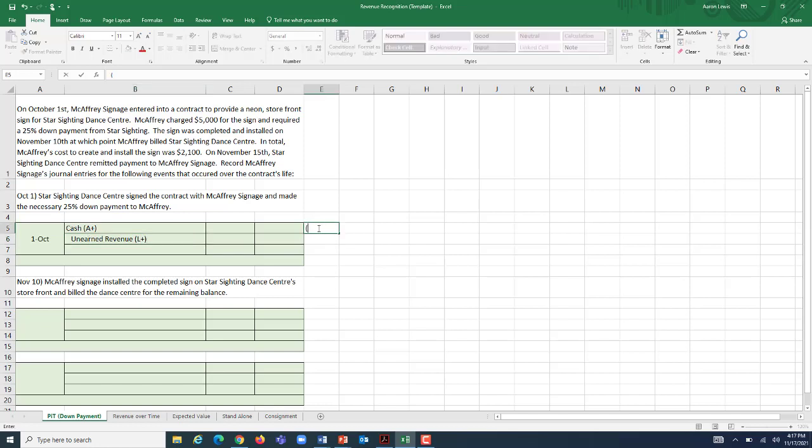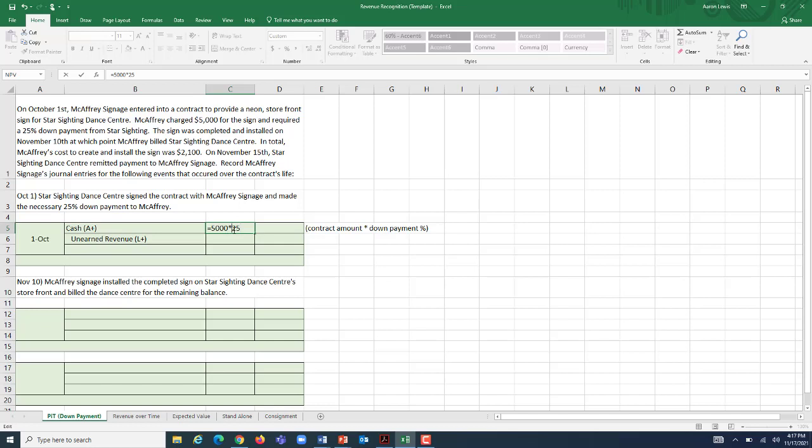In this case, we're going to record that as unearned revenue. To record that amount, you take the contract amount and multiply it by the down payment percentage. The contract is for $5,000, but Star Sighting is only transferring 25% of that as a down payment.